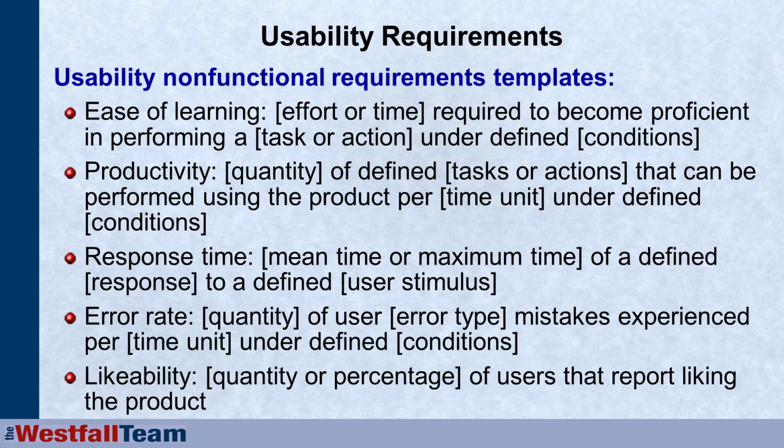Response time, now we're talking about response time of the system to the user. Error rates, what number of errors will the user typically do? For example, 98% of users will be able to enter their credit card into the system in the correct manner.